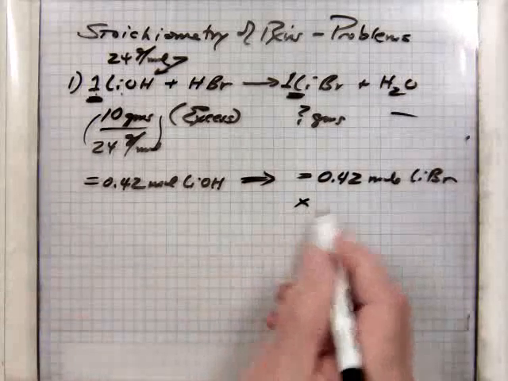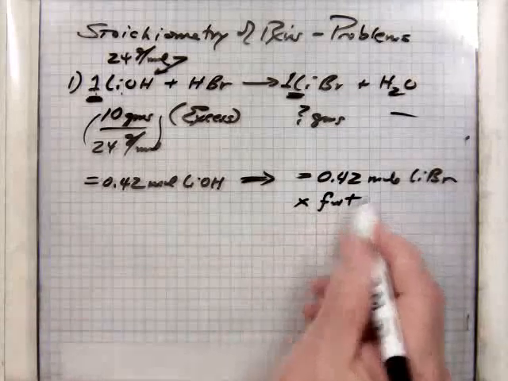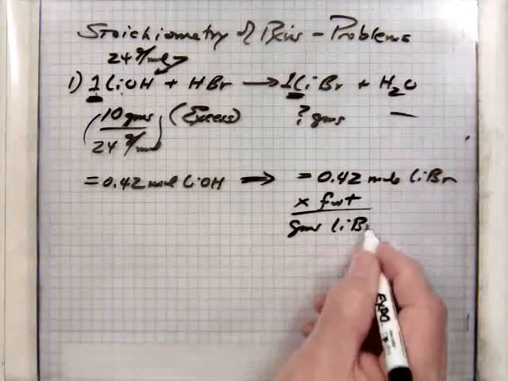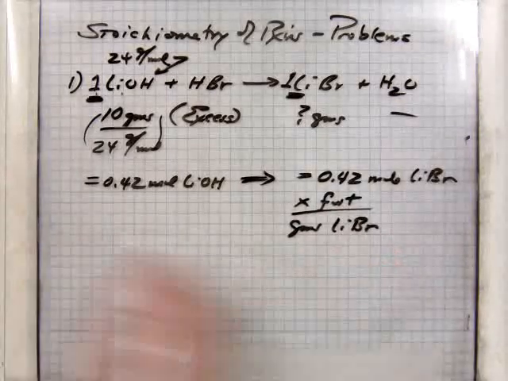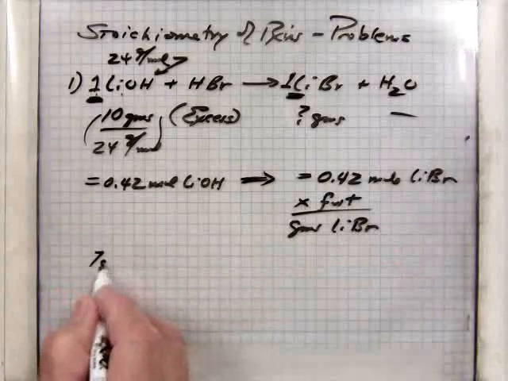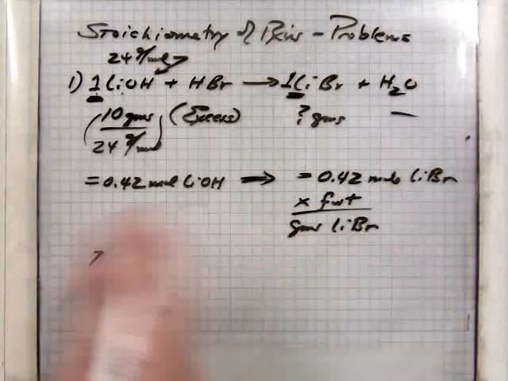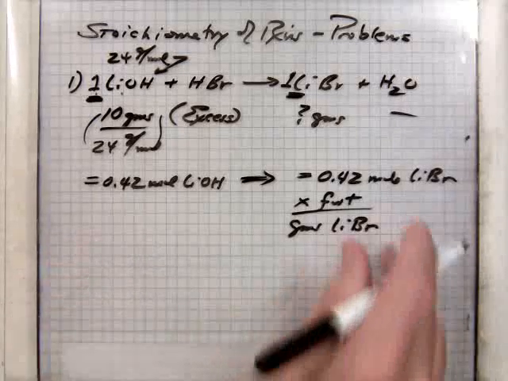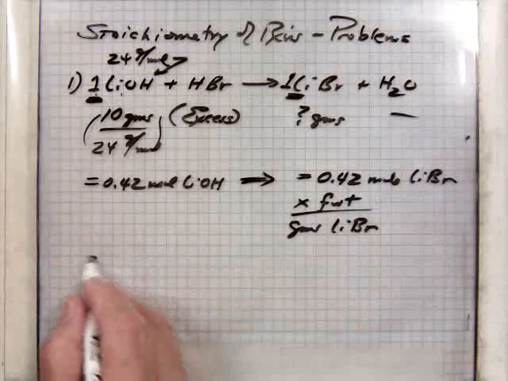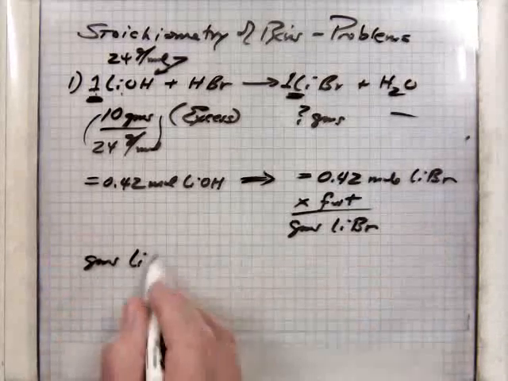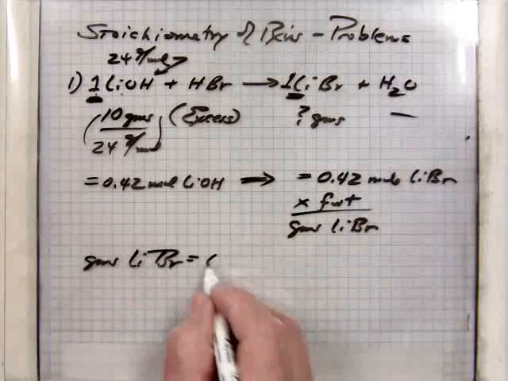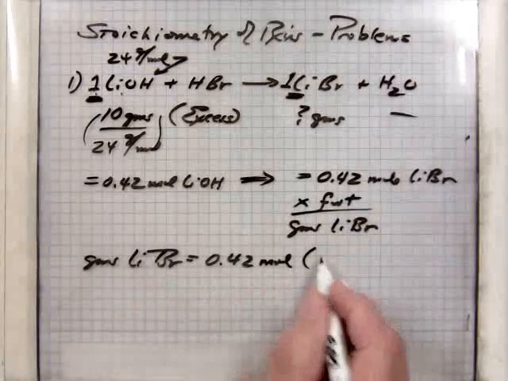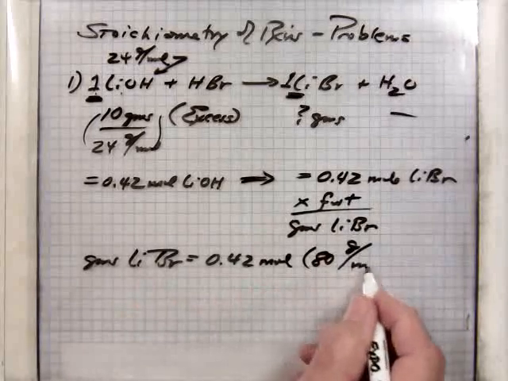You simply multiply that by the formula weight to get the total grams of the lithium bromide out of this. So the lithium, again, is 7 plus bromide, 80. So that's 87. So that's grams lithium bromide would be 0.42 mole times 87 grams per mole.